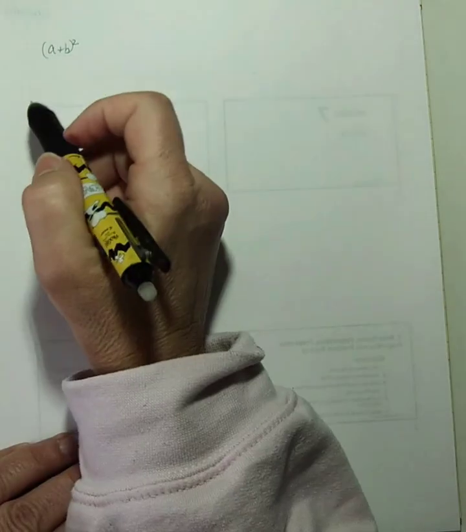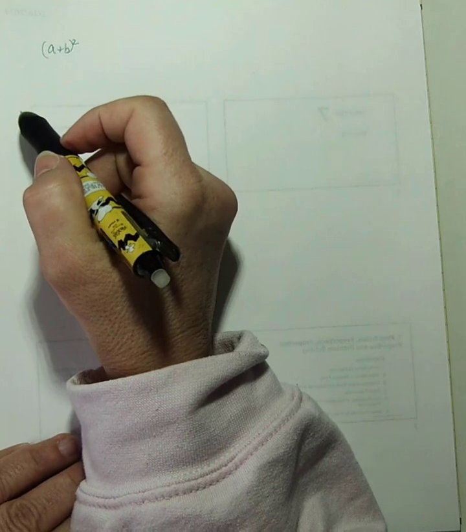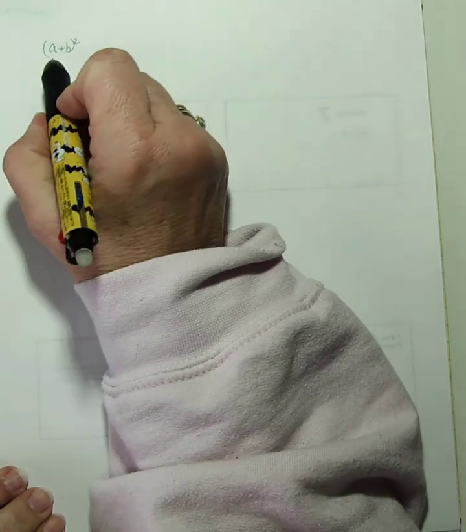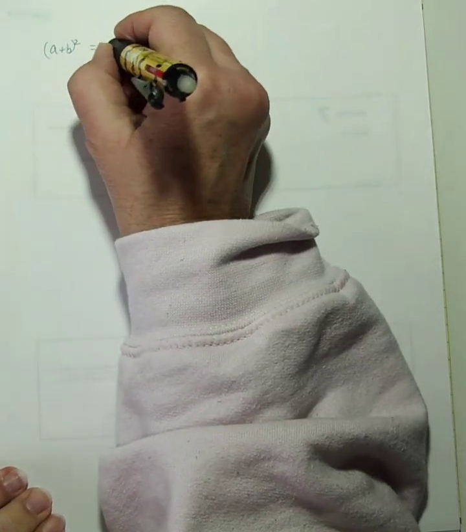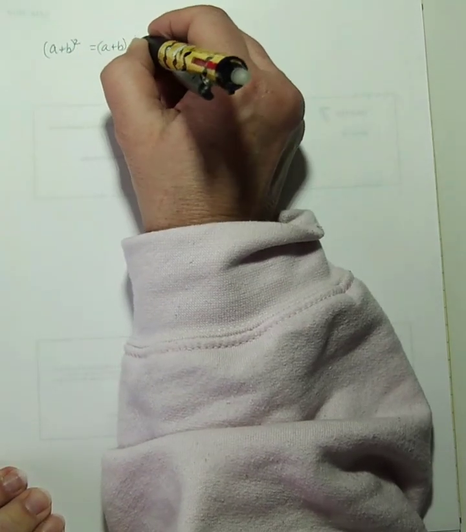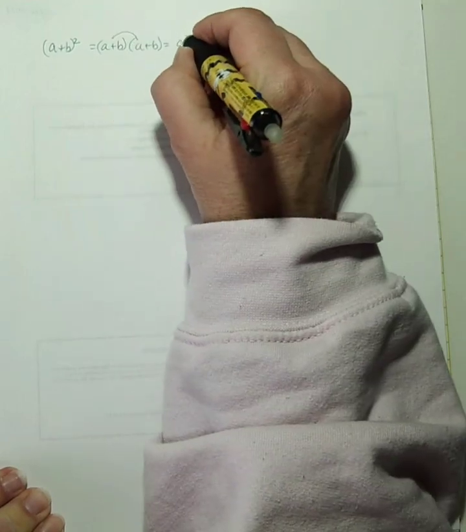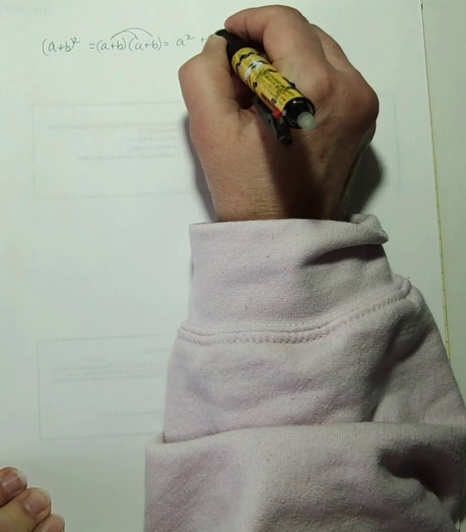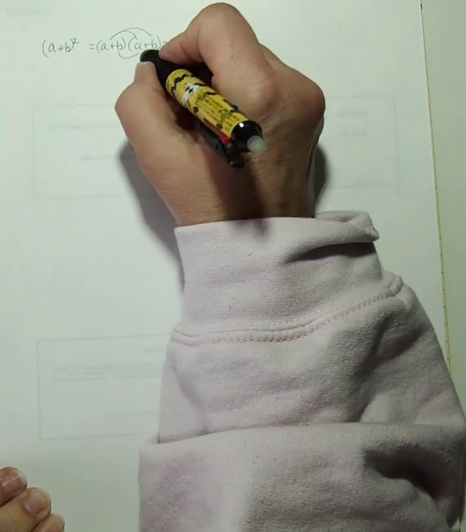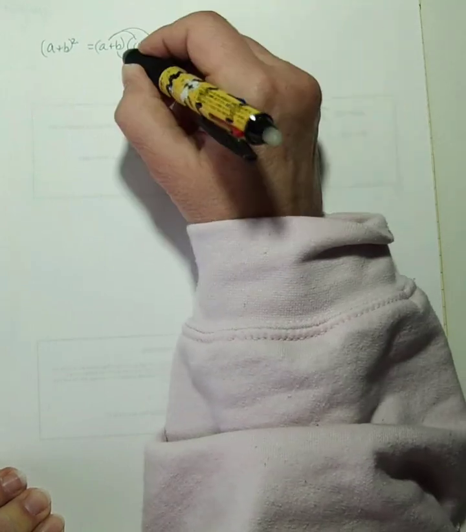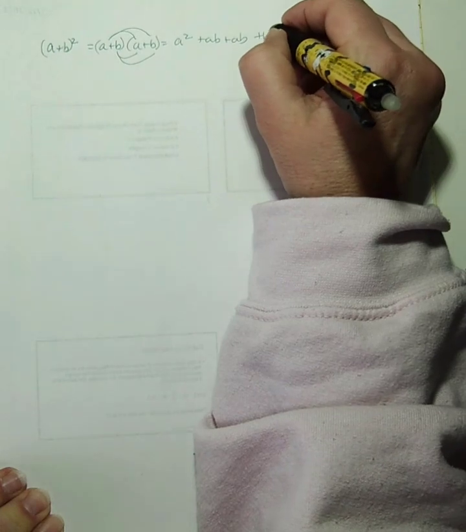Now we're going to look at a perfect square. Now these you could answer using the technique I showed you earlier with factor by grouping, but it takes longer, so it's better to recognize this thing called a perfect square. In other words, when we work this out, we get a squared plus ab plus ba, which is the same thing as ab, plus b squared.